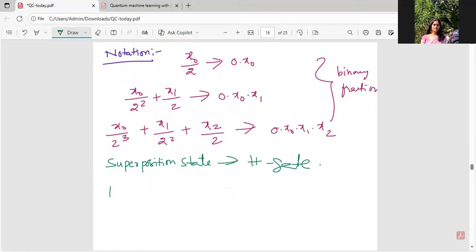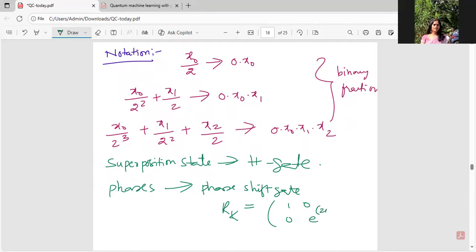Hadamard gate anyways is obvious. The discrete phase shift gate I can also call R_k, of course, different ways are there, guys. It is the matrix with 1, 0, 0, e power 2 pi i by 2 power k. This is how I will write it.